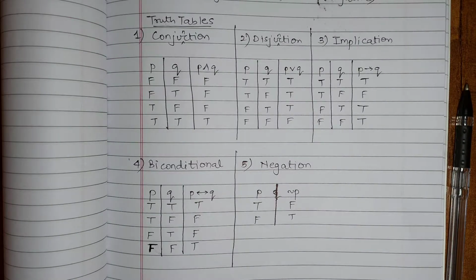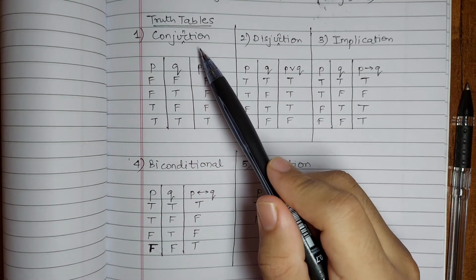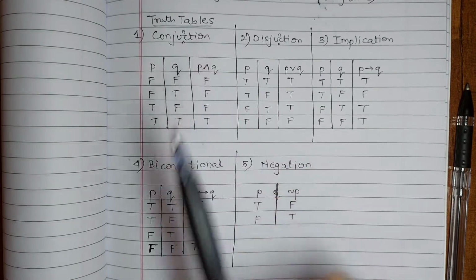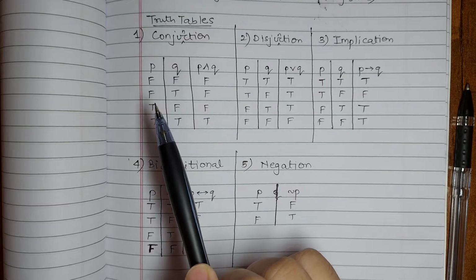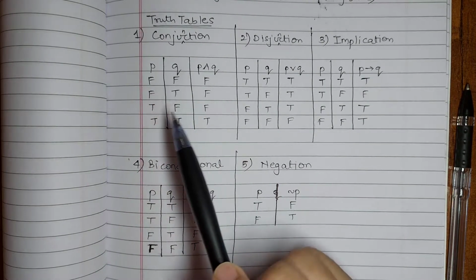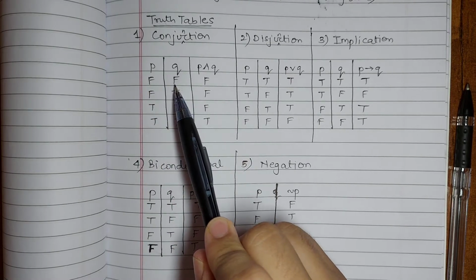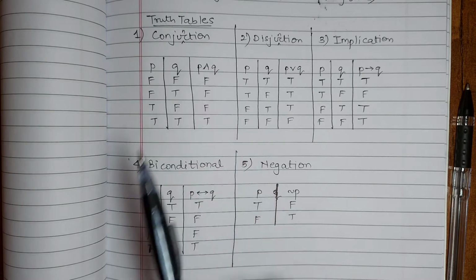Okay, so now let's see the truth tables of every symbol. So the first one would be the truth table of conjunction, that is the multiplication. Since f and t also represent 0 and 1, it can be easily understood by the truth table that when f and f come together, that is 0 multiplied by 0, will give us the answer as 0, that is f.